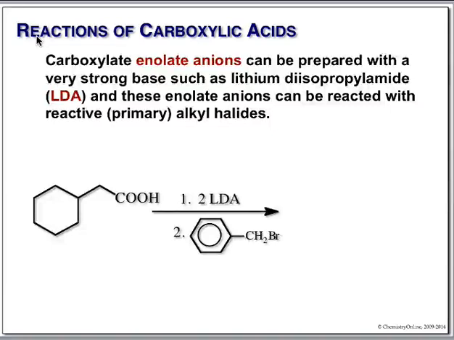So what's going to happen? Enolate anion is going to attack the CH2. Here's our enolate anion from this guy. The enolate anion is going to attack the CH2, bromine will leave, and our product will be our original acid with the benzyl group in the alpha position.